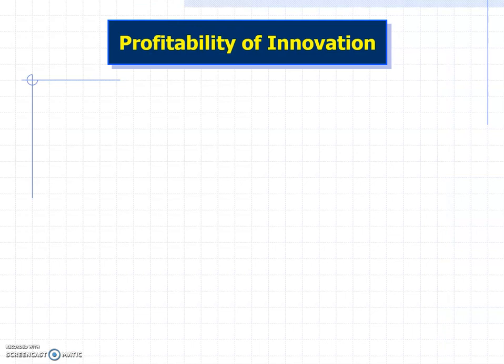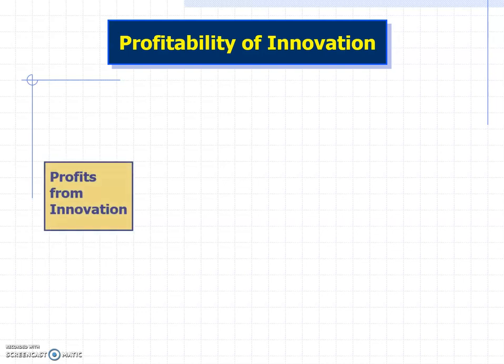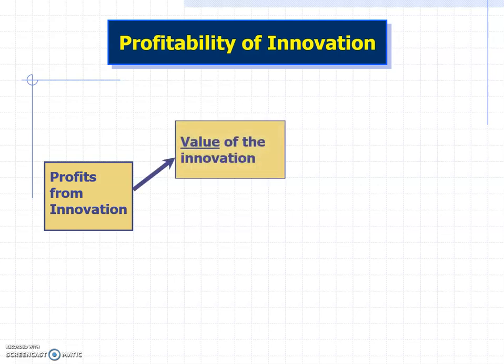So if we look, the profitability of an innovation depends on two things. The economic value comes from two sources. One is the value of the innovation to the market, to the consumer, to the user, how much they're willing to pay for it.